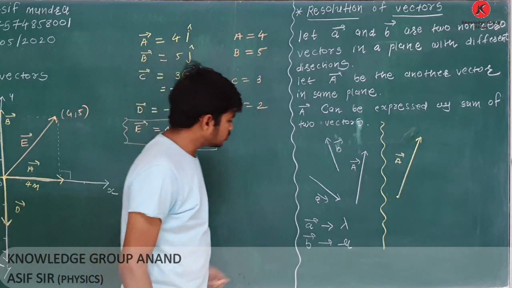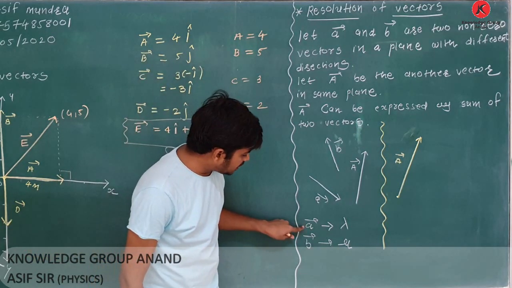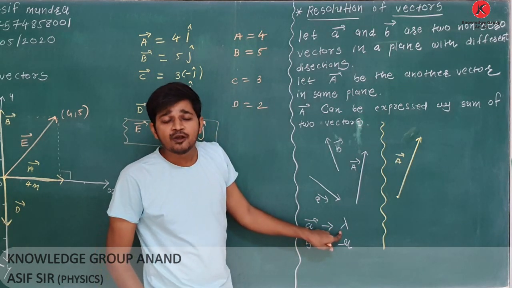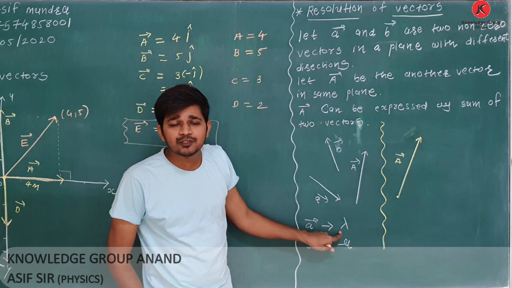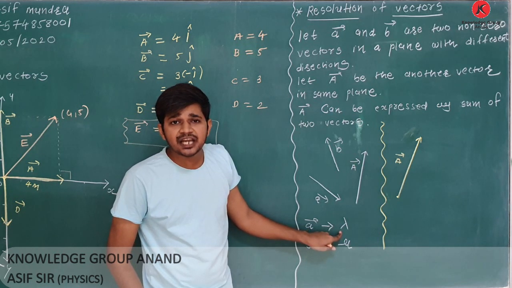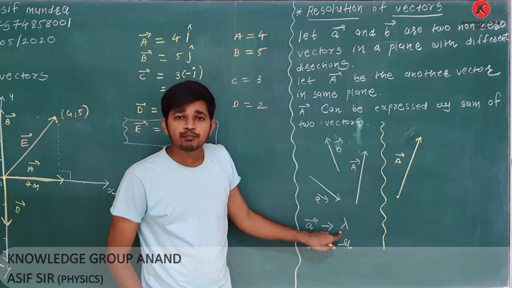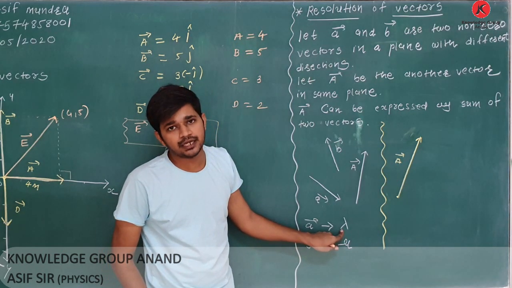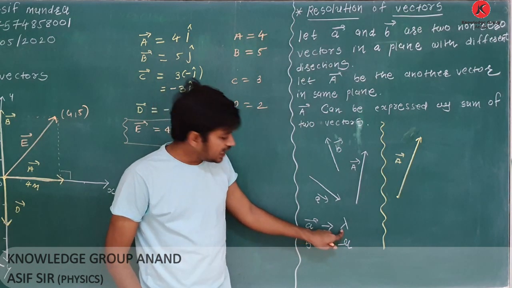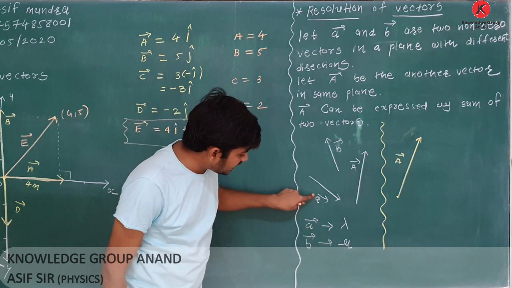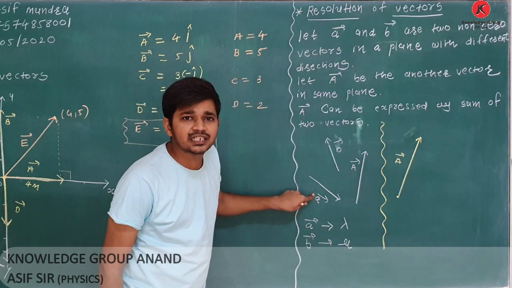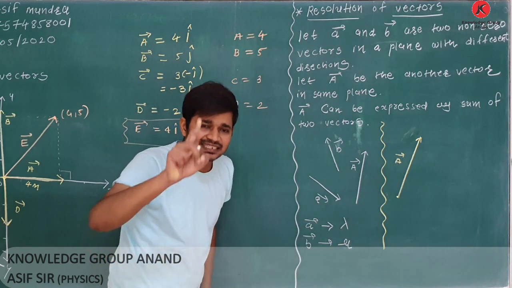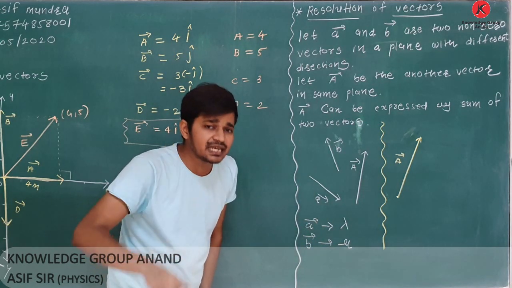If I multiply a vector with a positive real number lambda, its direction remains the same, but its magnitude changes by the amount multiplied. So if I multiply this vector a with lambda, the direction of the new vector, lambda a, will remain the same.